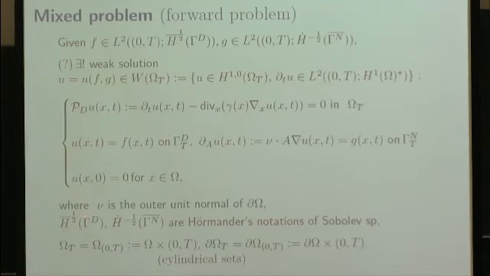I also use this notation omega_T and partial omega_T for the cylindrical sets. So for instance, omega_T is omega times the time interval (0,T). Anyway, this mixed problem is a well-posed problem in this function space. Okay.